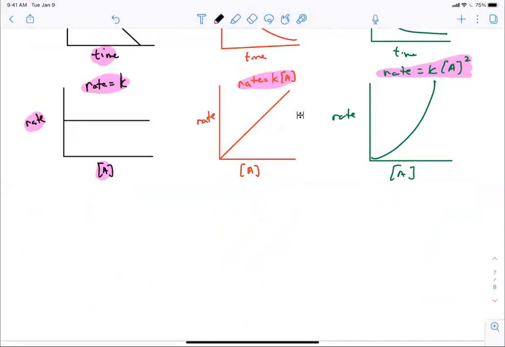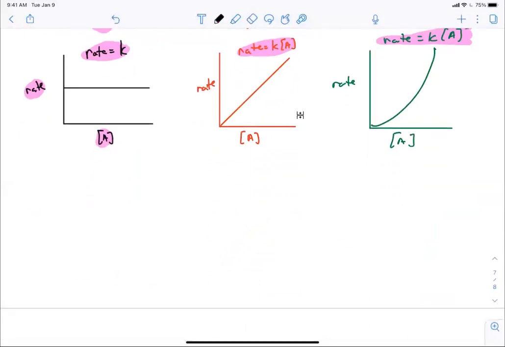Now, just really quickly, I want to talk about calculating rate order from this table as well, because sometimes you'll have A and B and then rate, and you may have 2, 4, 8, and then 4, 4, 16, and then 8, 8, and I want 32.